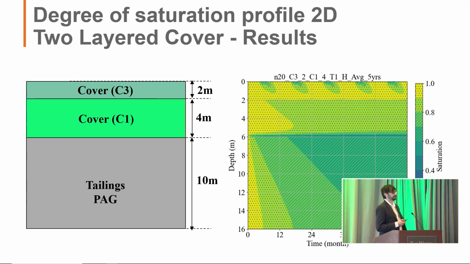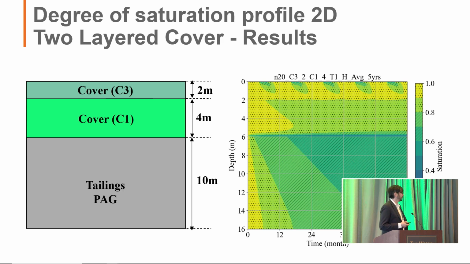And finally, the other thing that we can do with our tool is to play around by making a multi-layered cover. That means that we will try to find which is the best performance cover, and in this example, we found that cover number 3, which is explained more in our paper, has the best performance as a saturation.